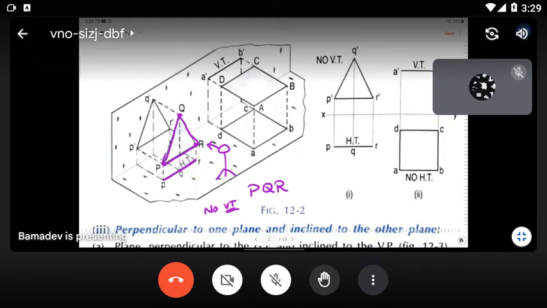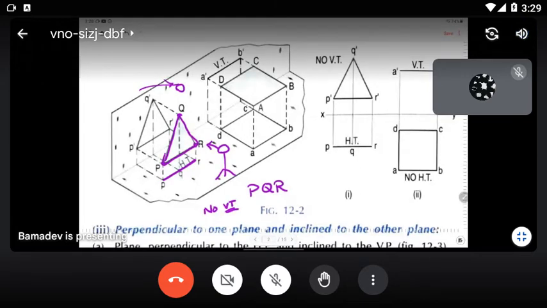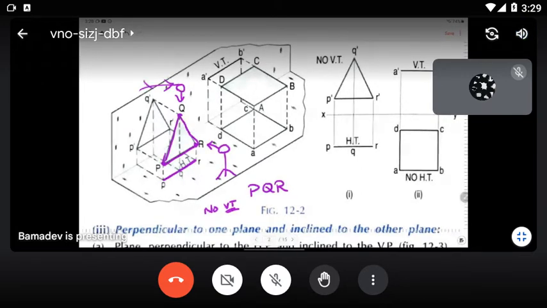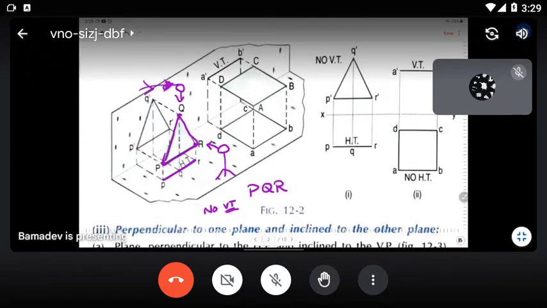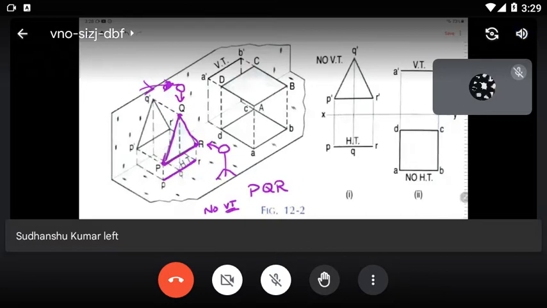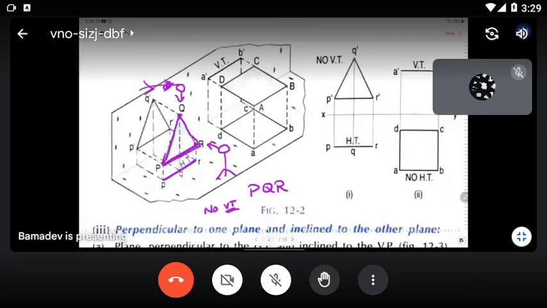And if you come here and look in this direction, what will you see? You will see a straight line, which will contain P, Q, and R. That is what is drawn here.